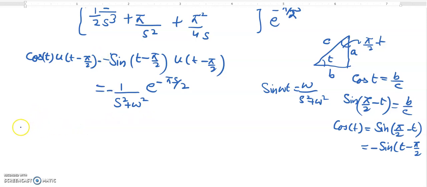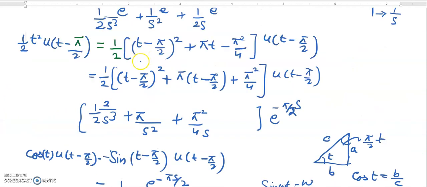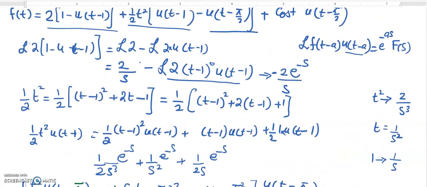So in this way, I can write down the Laplace transform of the function of t as the sum of all these previous terms which were calculated. So what were those terms?